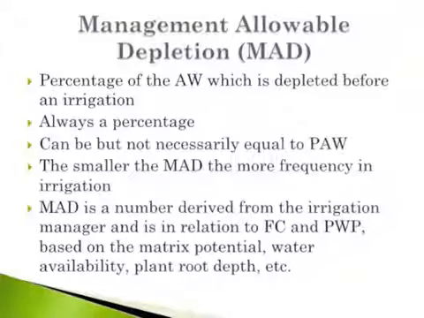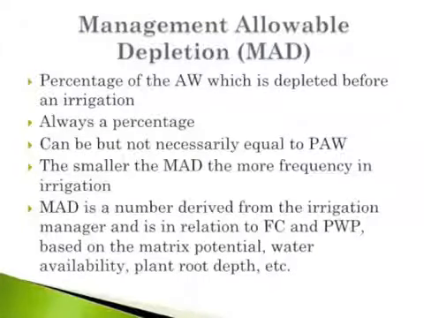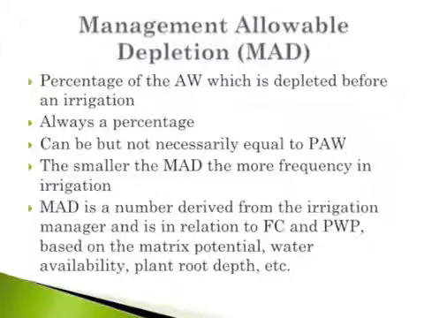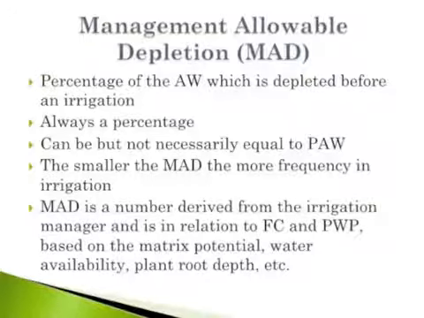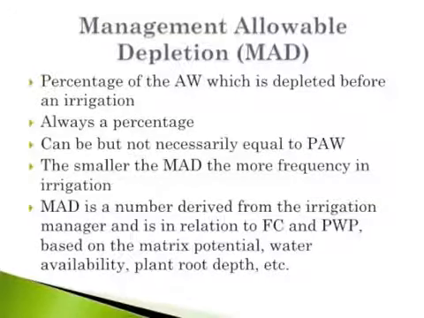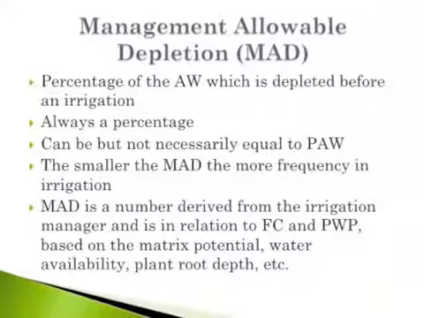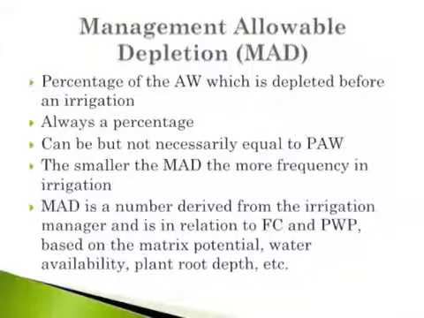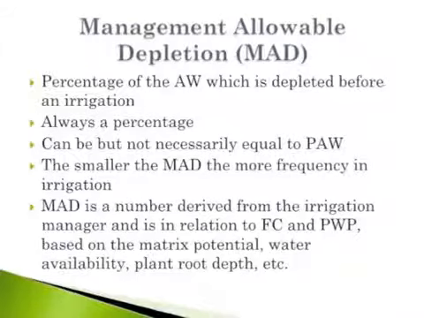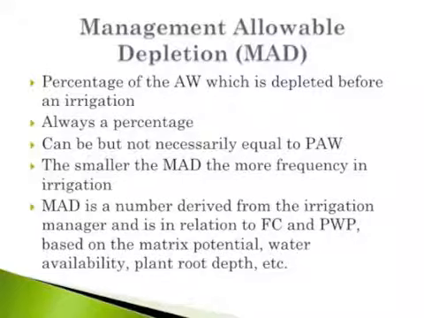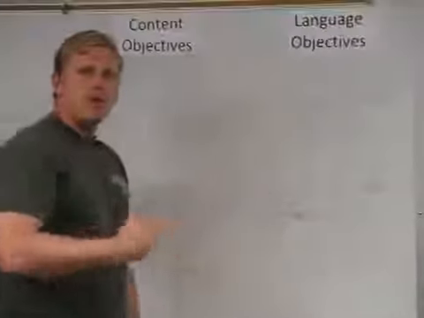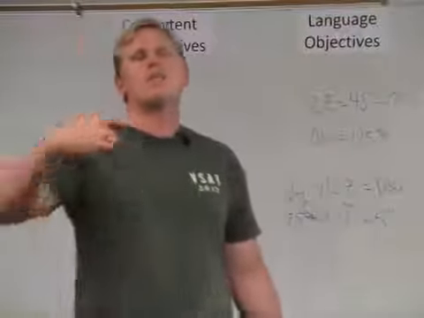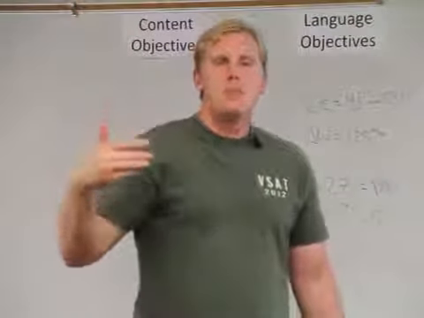Now we're going to jump into managed allowable depletion. The term management allowable depletion, management refers to a decision made by the farmer or the irrigator. He's managing this decision process. And what the managed allowable depletion, or MAD, is: when we know what our available water is, and keep in mind, our available water is that space between field capacity and the permanent wilting point.